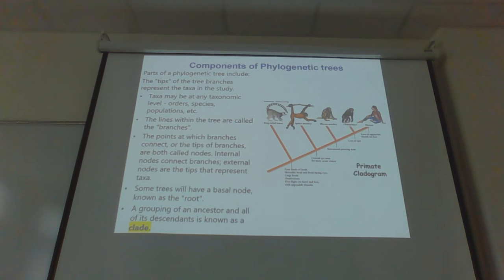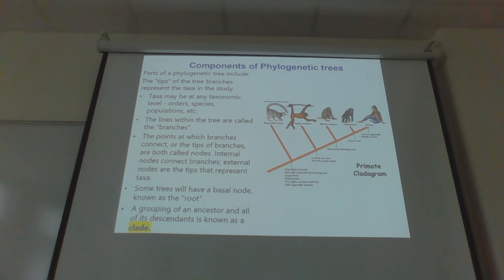Okay, so what are the parts of a phylogenetic tree? You have the tips, which are the final groups you're looking at, or you can call them taxa. Taxon, from Latin, means group. Taxonomy means grouping, okay? Classification, again.